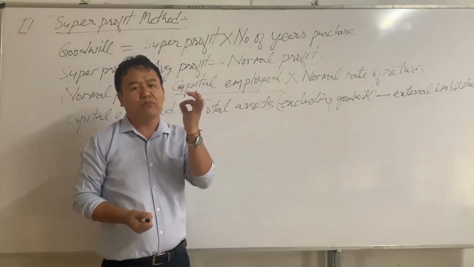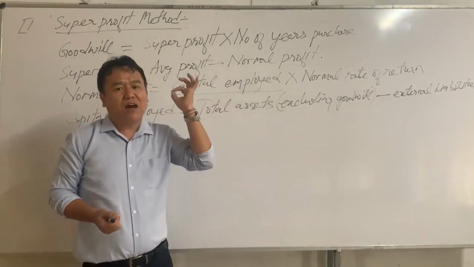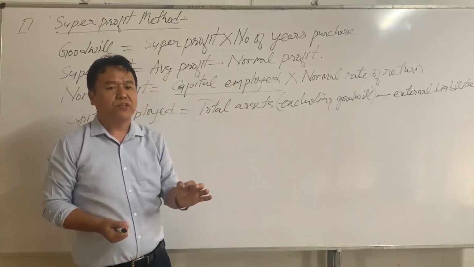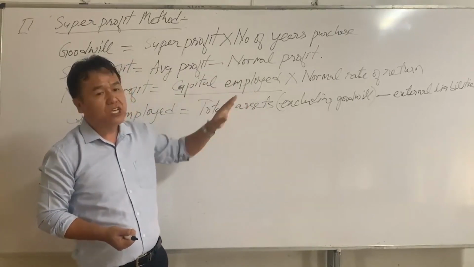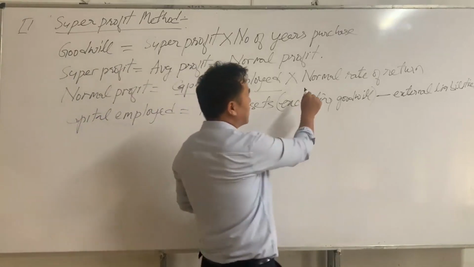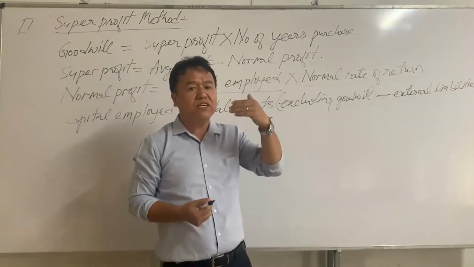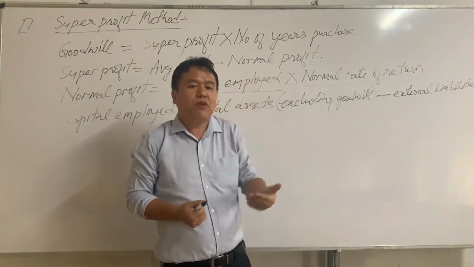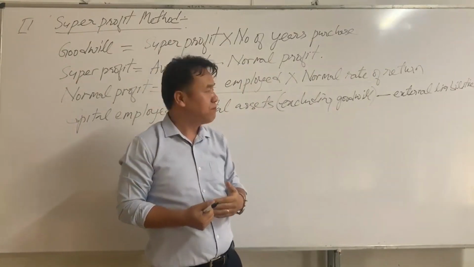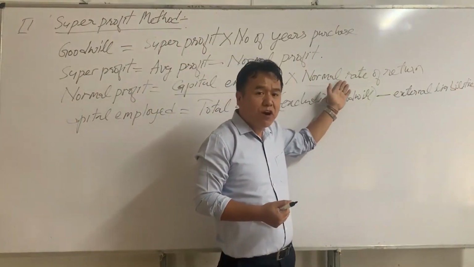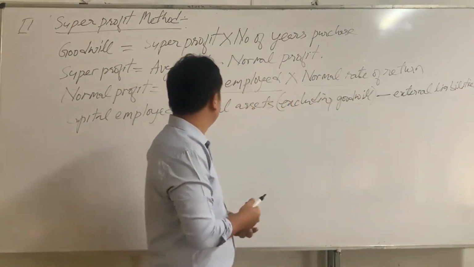In a partnership firm, partners are the owners, so their capital contribution will become capital employed. Normal rate of return means the rate of generating profit on capital employed by other firms in the same business.